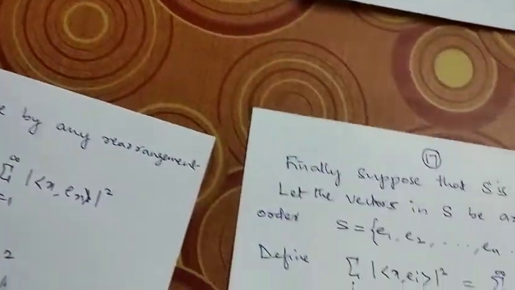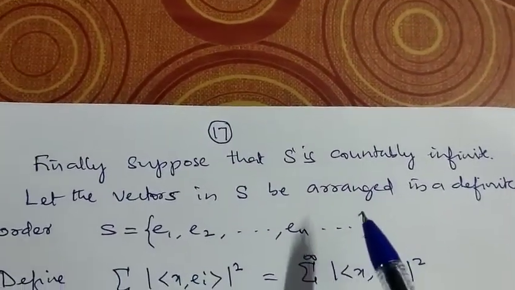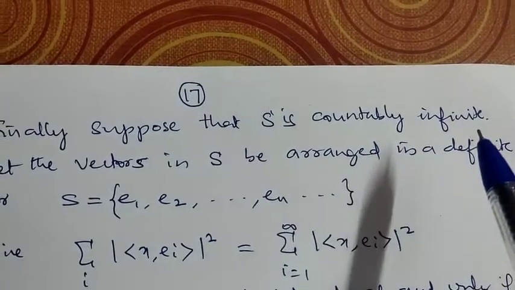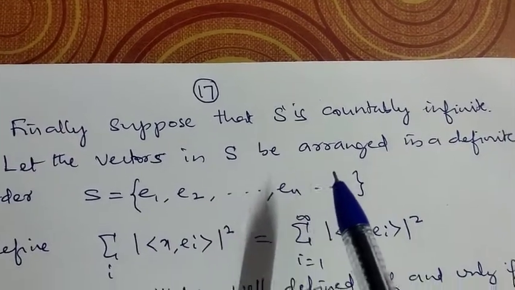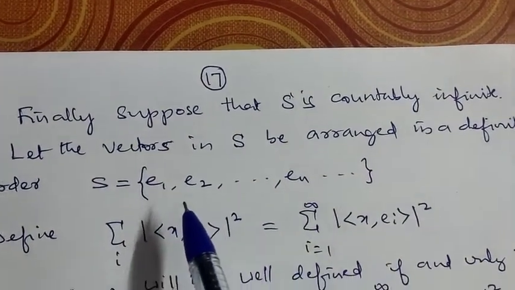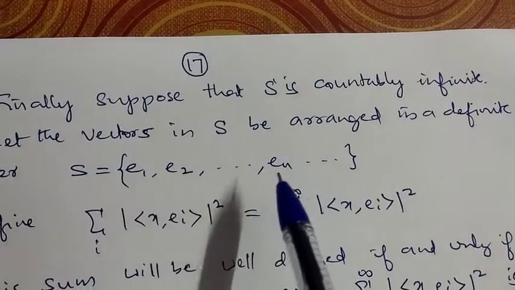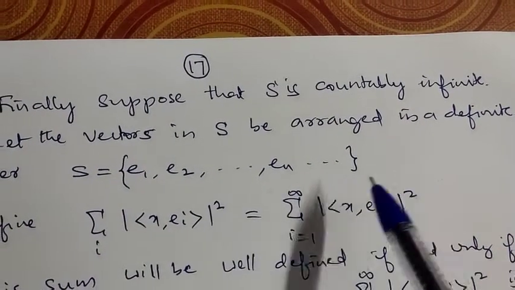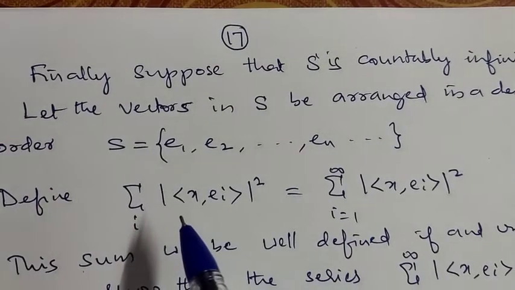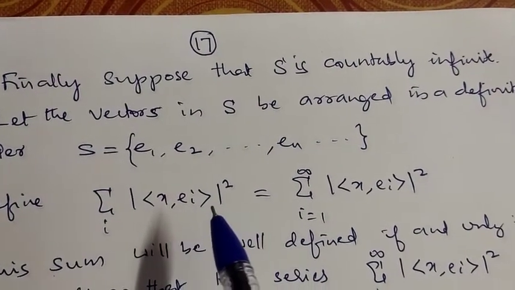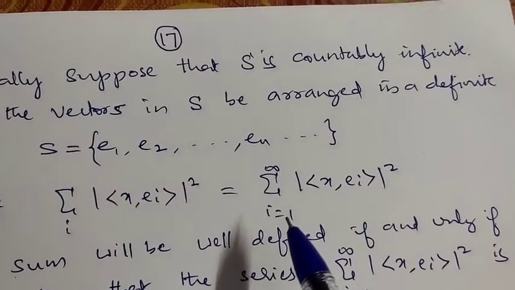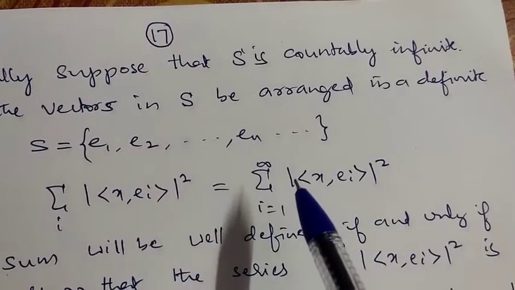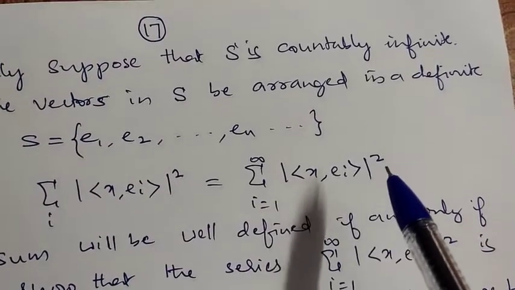Finally, you take S to be countably infinite. Countably infinite means let the vectors in S be arranged in a definite order, S equal to e1, e2, and so on, en and so on. Now we define the summation over i of the absolute value of the inner product of x comma ei whole square to be the summation from i equal to 1 to infinity of the absolute value of x comma ei whole square.